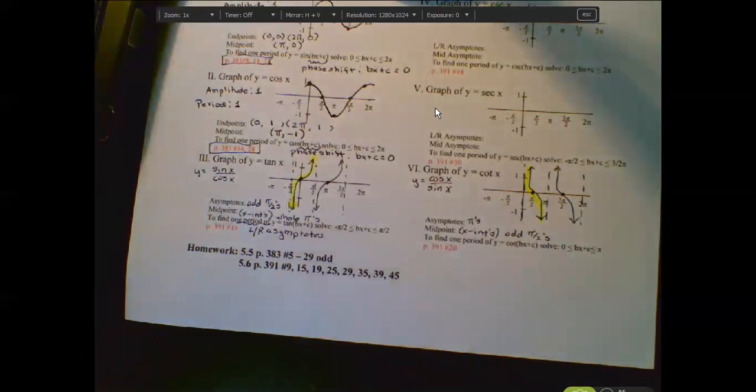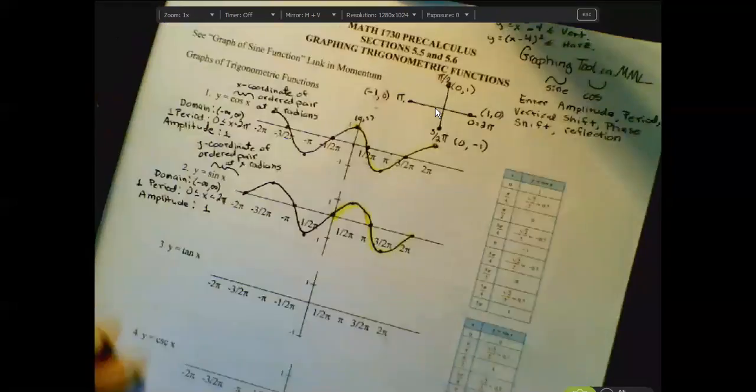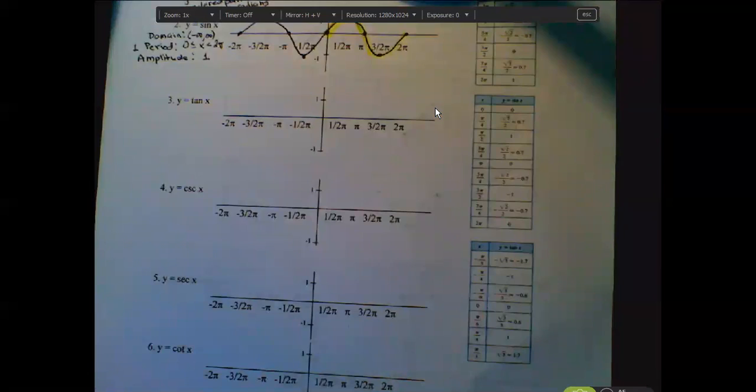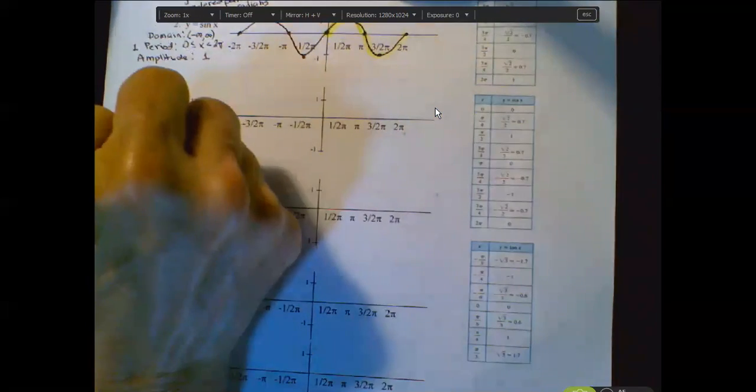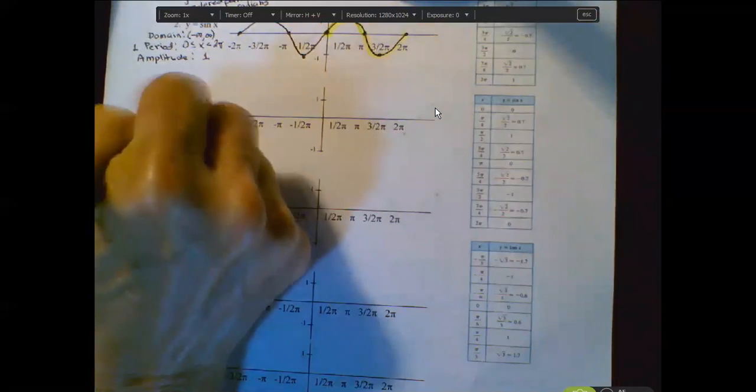I do have one question. Yes, ma'am. It's on the back of the notes. Okay. Like tangent. You was talking about between negative 3/2 pi to negative pi. It's in quadrant 2. All right. Negative 3, because we're going backwards. If we're counting backwards, this is negative pi over 2, right?